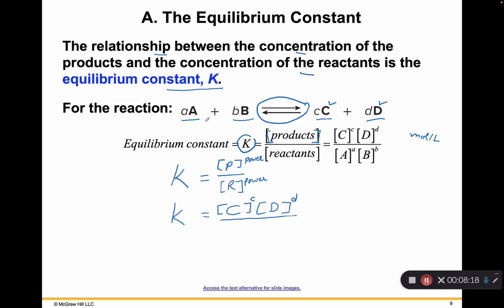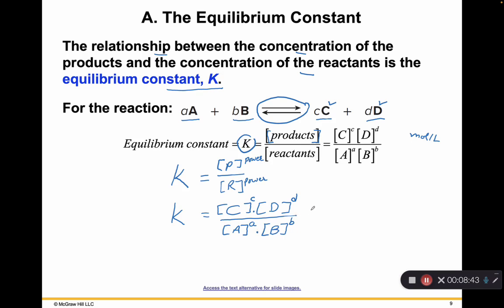Divide that by the reactants. Always the reactants are on the left hand side of the arrow, right? So I have here A, one of the reactants, raised to the power lowercase a, the coefficient of A, and then I have B raised to the power of the coefficient of B. Actually we have a multiplication sign between them.